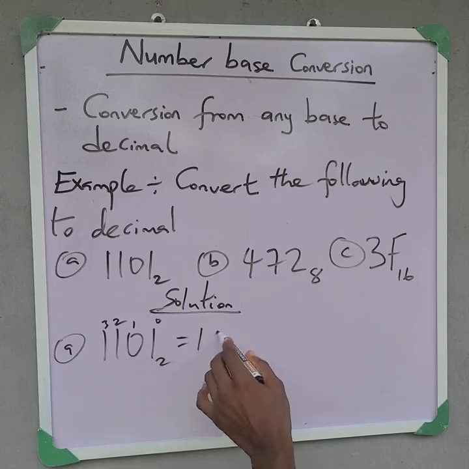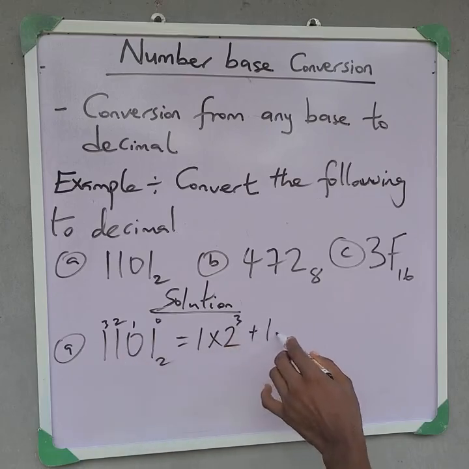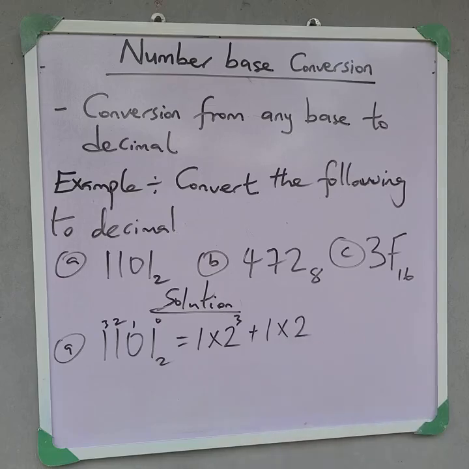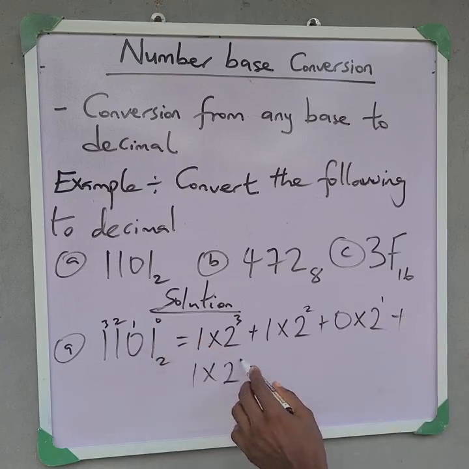This is 1 times 2 raised to power 3, plus 1 times 2 raised to power 2, plus 0 times 2 raised to power 1, plus 1 times 2 raised to power 0.